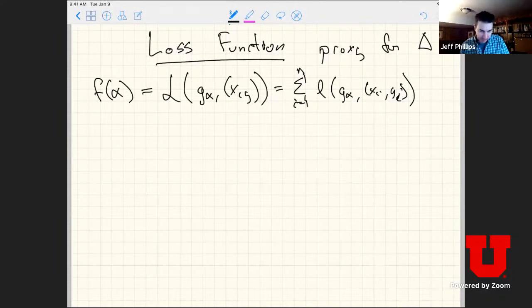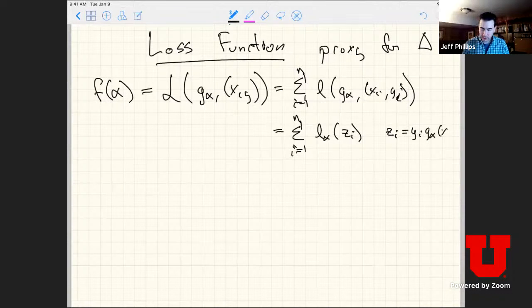Okay, and we're going to use one more trick. It's kind of an important thing to think about. Instead of the sum having this g of alpha, xi, yi inside there, we're going to simplify this to be L of zi, where we write zi equal to yi g of alpha of xi.